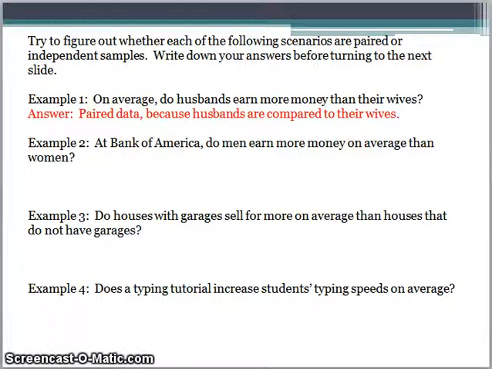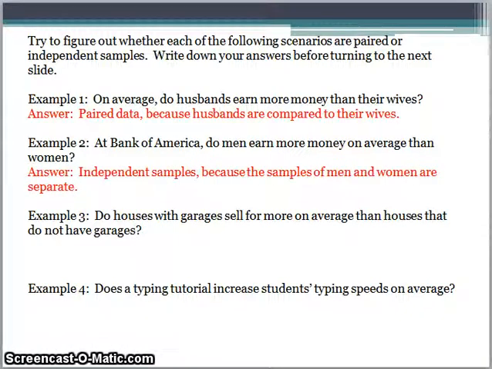The second example, at Bank of America, do men earn more money on average than women? That was going to be independent samples because we really have two different samples of men and women. So to compare the first two examples, on both of them, we really are trying to get at men versus women. But the second one is not comparing the pairs to each other.